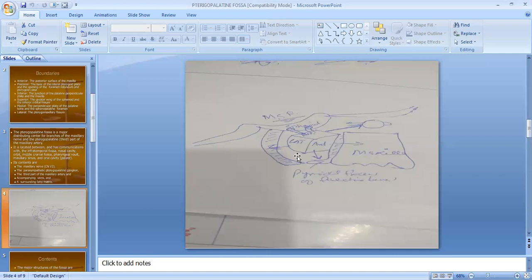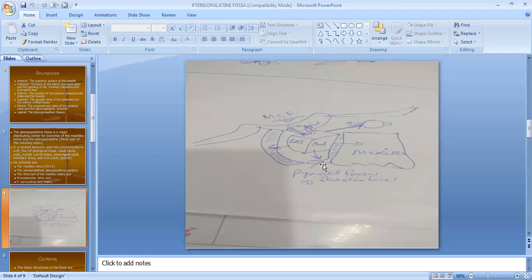So these are the boundaries of the pterygopalatine fossa: the anterior boundary, the posterior boundary, lateral wall, superior wall. Medially, it is bounded by the lateral wall of the nose.